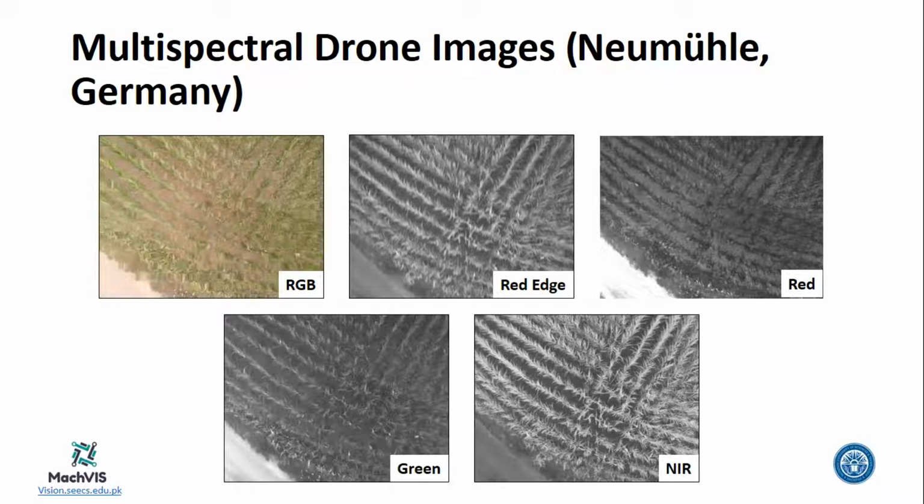It looks green, but when we specifically saw the leaves in the stressed regions, the leaves were dried up. So this is the RGB image. This is the red edge image. It's single channel, that's why it looks like a grayscale image. Then the red, NIR, and green.